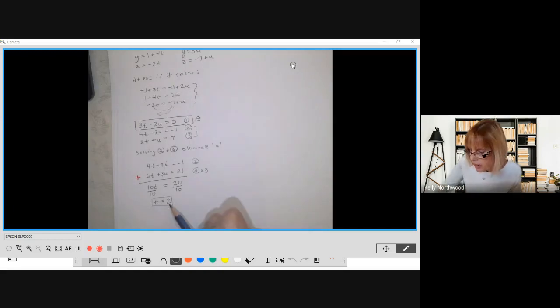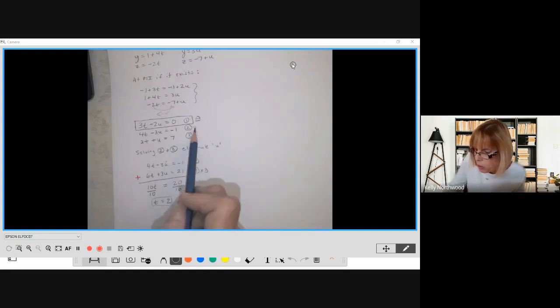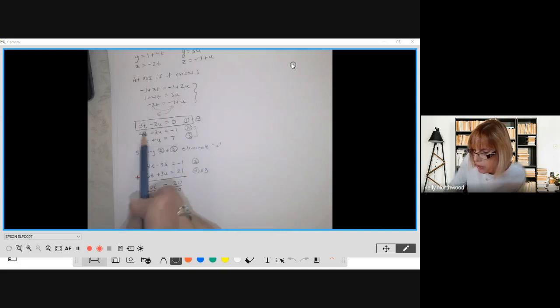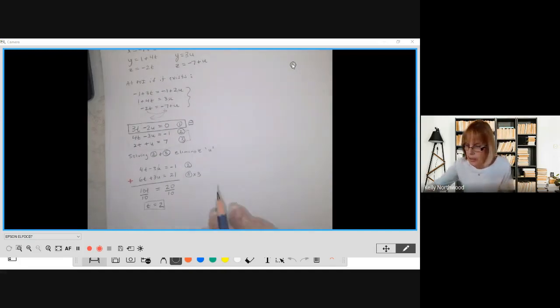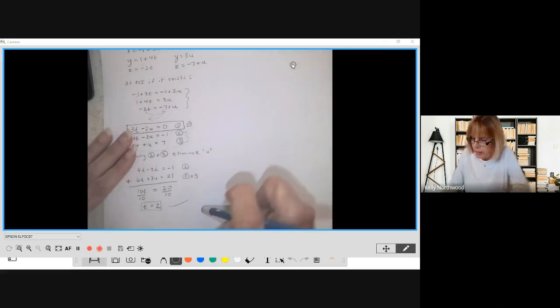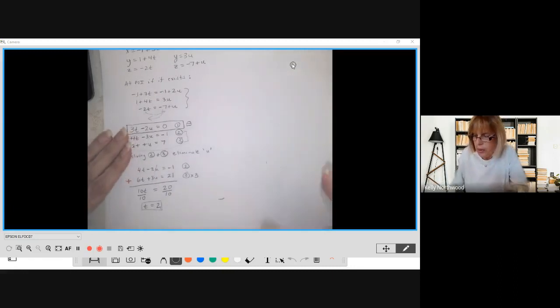So now I have to find the u that goes with t being 2, but I can only use either equation 2 or equation 3, okay? I can't use equation 1, that's my check equation. So I think I'm going to use equation 3. I have room to find it below here, so I'll just keep working down the page.